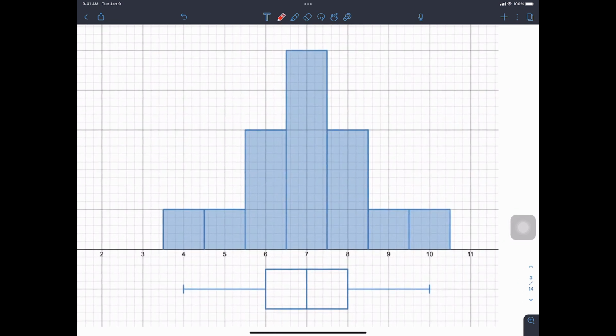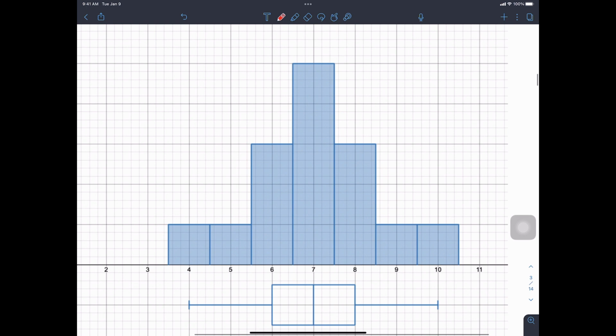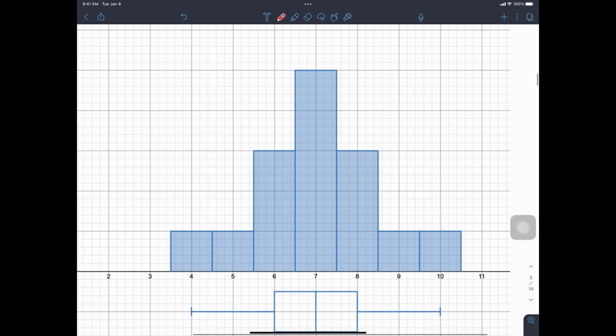Do you guys remember when we discussed histograms? What is this a picture of when we talked about this? What does that mean? Where's most of the data? It's in the center. If most of your data was in the center, what do we say about the distribution?